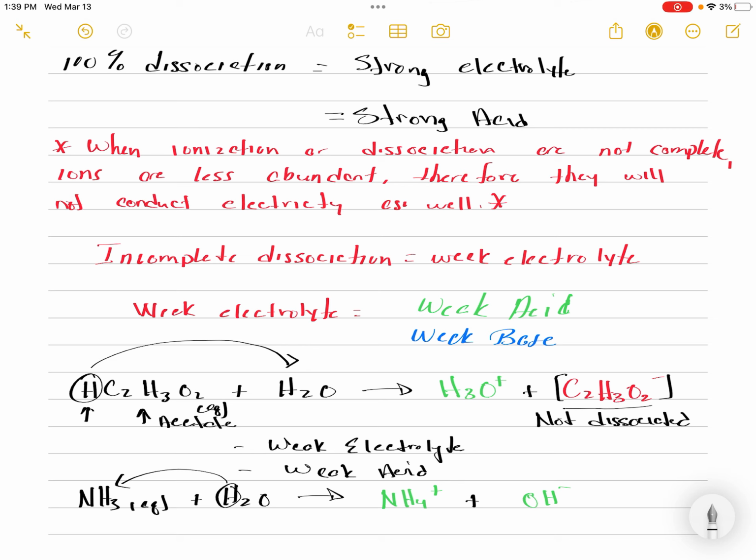So in this case, you're not getting complete dissociation either. This guy's still pretty much together and this guy's still pretty much together. So you're not going to have an abundance of ions. When this happens, this is also considered a weak electrolyte. But because the negative ion being produced here is the OH, this is also considered a weak base.